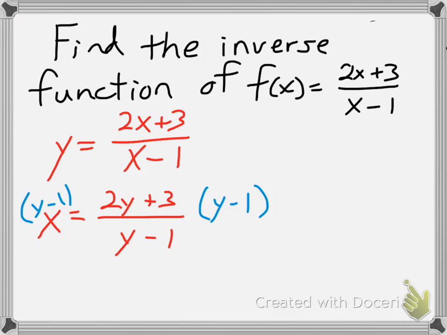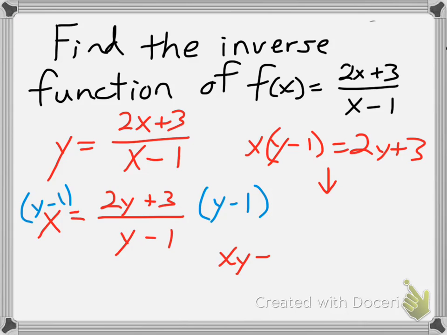And now, over here, I'm going to have y minus 1 times x equals 2y plus 3. Again, since I'm solving for y, I want to get y out of the parentheses. So I'll distribute my x, and so now I'll have xy minus x equals 2y plus 3.